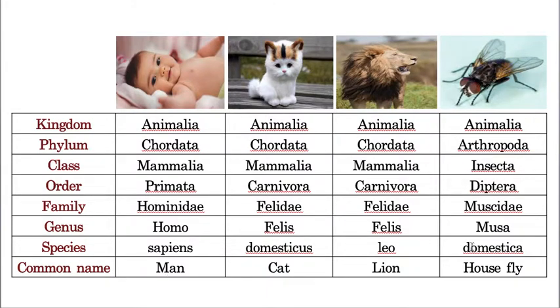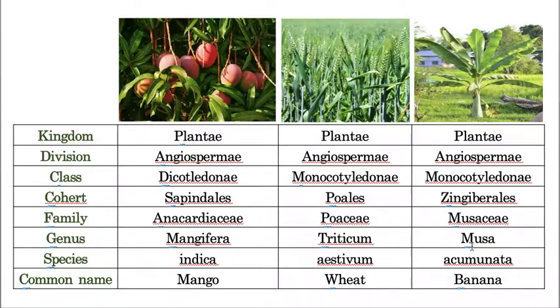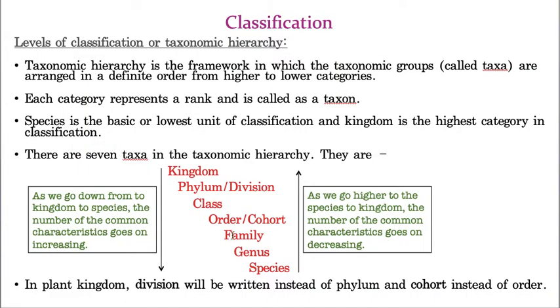Like that, these are some more examples to understand. Hope you understand now what this taxonomic hierarchy is. These are the various taxonomic categories through which you need to do the classification.